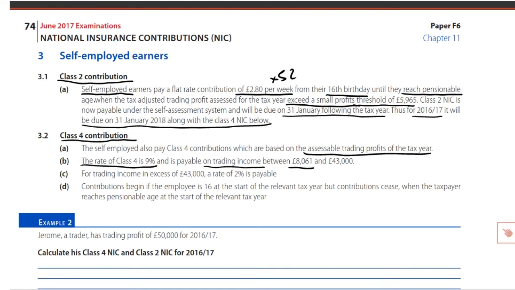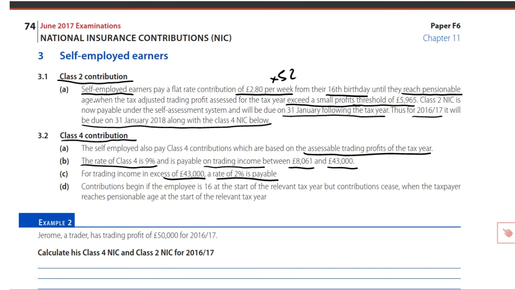So between 8,061 and 43,000. So nothing payable on the first £8,060, just as was the case with Class 1, and then it's 9% rather than 12% between that lower threshold and the upper limit. Go above the upper limit of 43,000, and just like with employees, it's a rate of 2% once we go above 43,000 with our tax-adjusted trading profit.